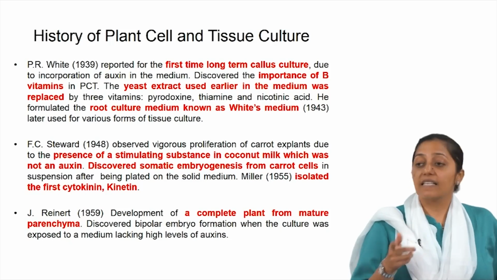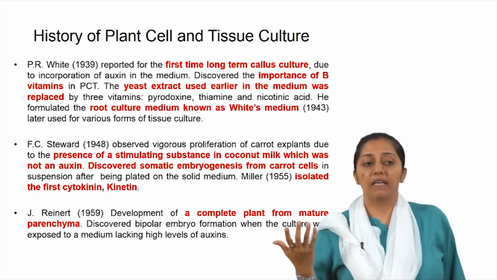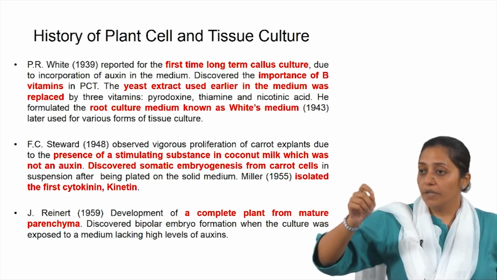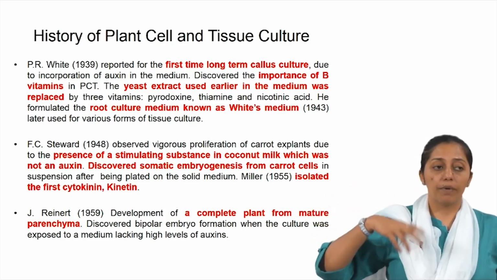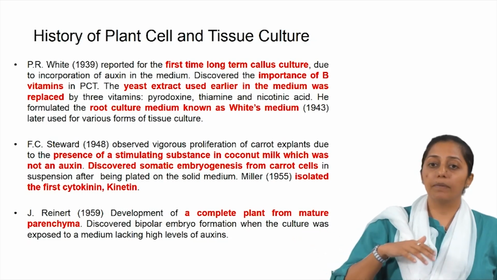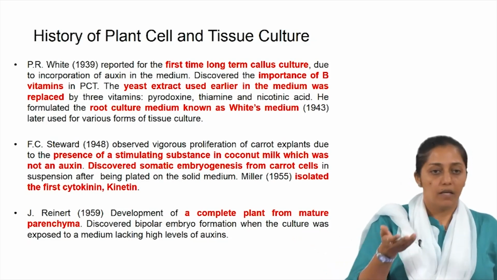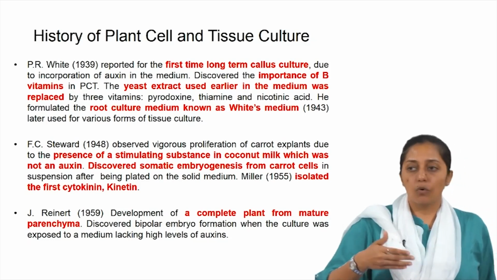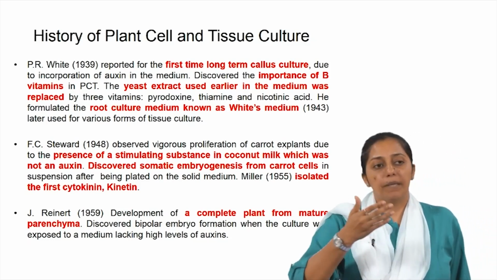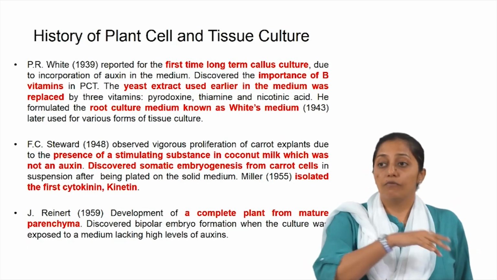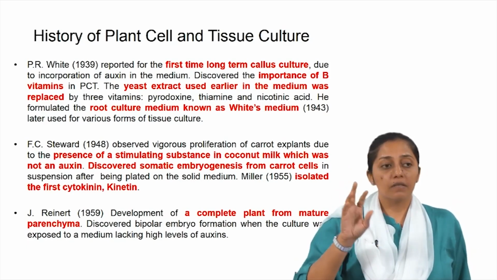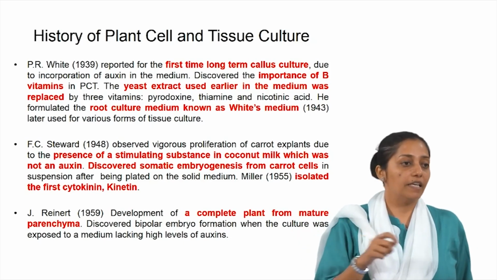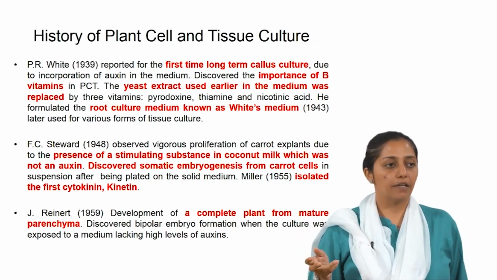As I said, initially in media, because people did not have an idea which nutrient is the most significant, they used complex media. People also tried yeast extract, and even now yeast extract is used. Later, with more refinement, people found that B vitamins are also very significant in induction of in vitro plant cell and tissue cultures.